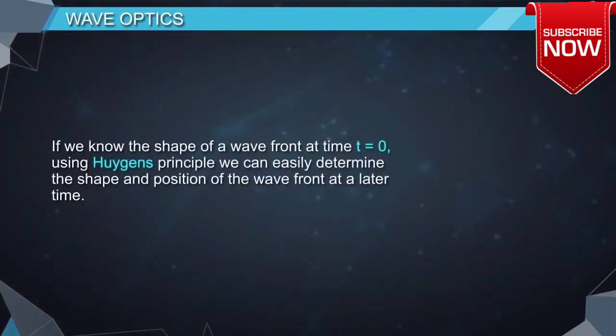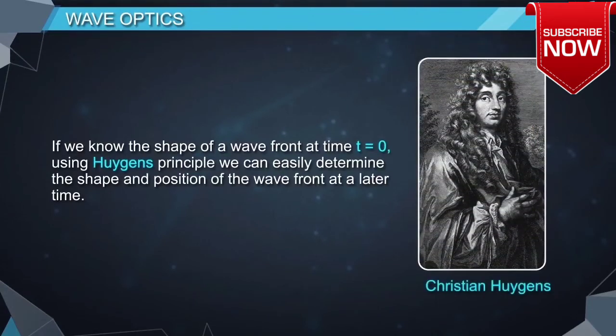Now, if we know the shape of a wavefront at time t equal to 0, using Huygens principle, we can easily determine the shape and position of the wavefront at a later time.